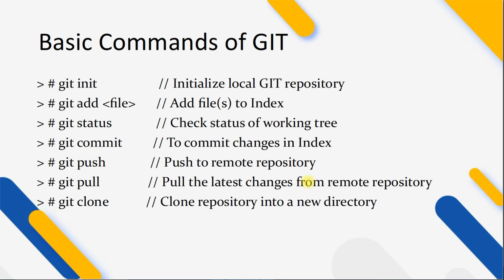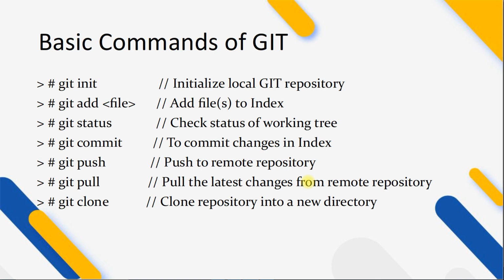You can run this command as many times as you need before committing. You have to execute this command before committing. I will come to the commit part, so let's wait.